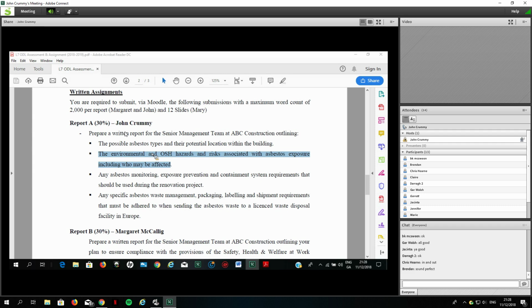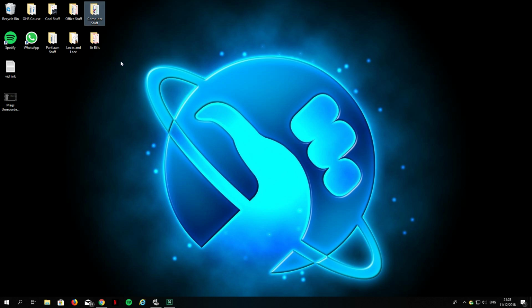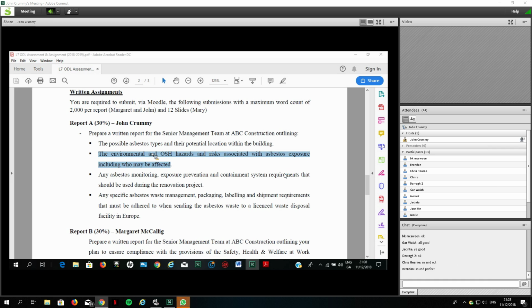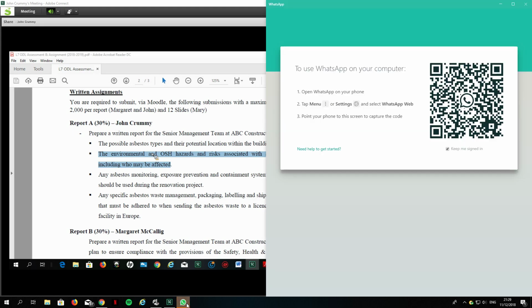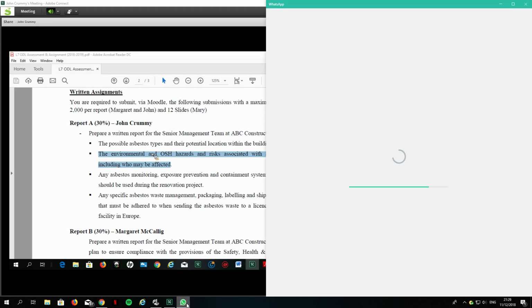The main hazards are inhalation hazard for both workers and public, but also environmental contamination hazards for the surrounding environment, whether it's the grass, the park, the river, all can be contaminated by asbestos if it's released. Obviously, it's a public health hazard as well as being an occupational safety and health hazard. Sources in relation to that as well.